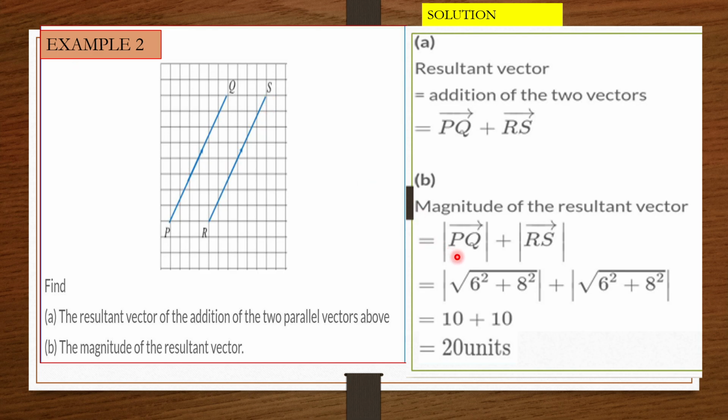The symbol modulus PQ plus modulus RS indicates the magnitude. So remember, in vector, the modulus of a vector indicates the magnitude of the vector. So magnitude of PQ plus magnitude of RS. Using the Pythagoras theorem, in this case, you can find the magnitude of the resultant vector.